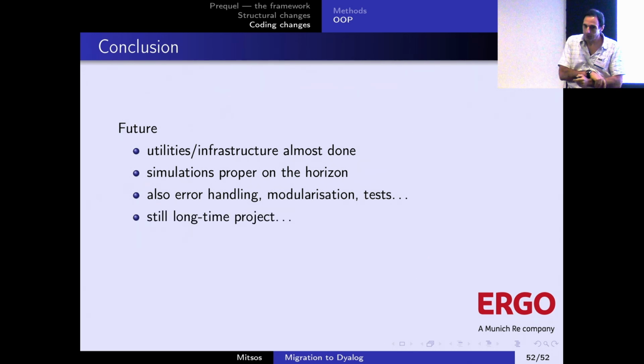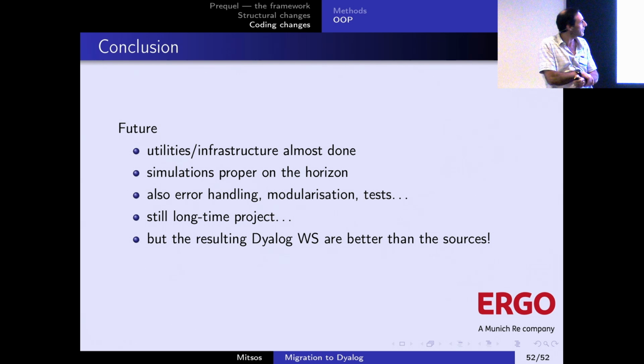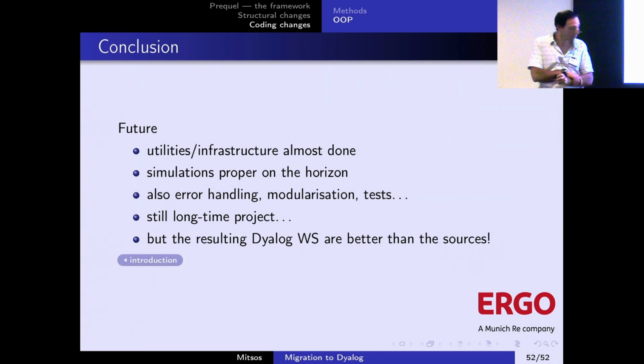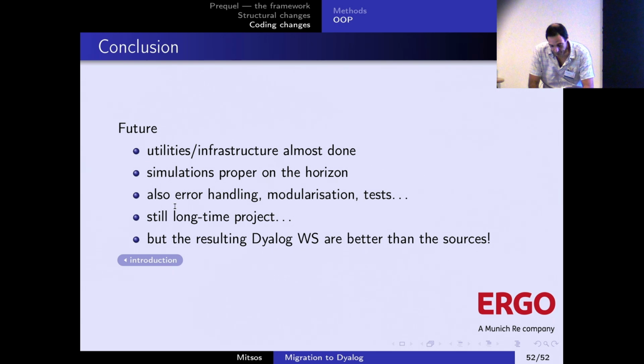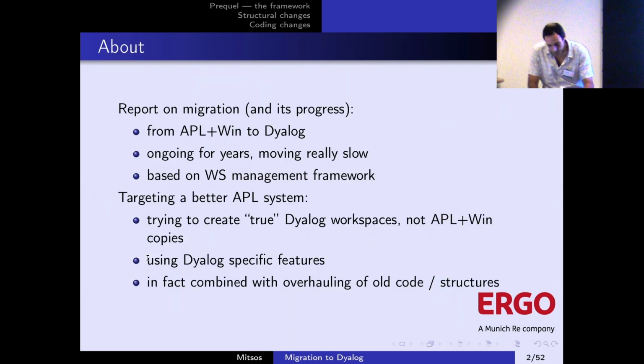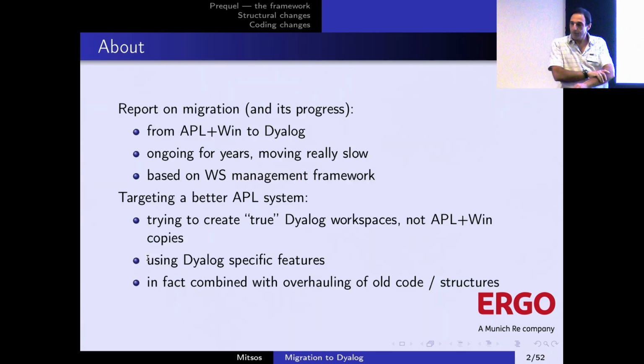It's still a long time project, but I think that the resulting Dyalog workspaces are already significantly better than the APL+Win workspaces. And therefore, I think that the target set at the beginning is already achieved.